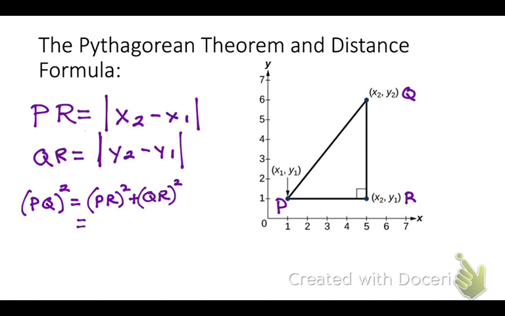So now we have the absolute value of x sub 2 minus x sub 1 squared plus the absolute value of y sub 2 minus y sub 1 squared is equal to PQ squared. What happens to an absolute value number when you square it?